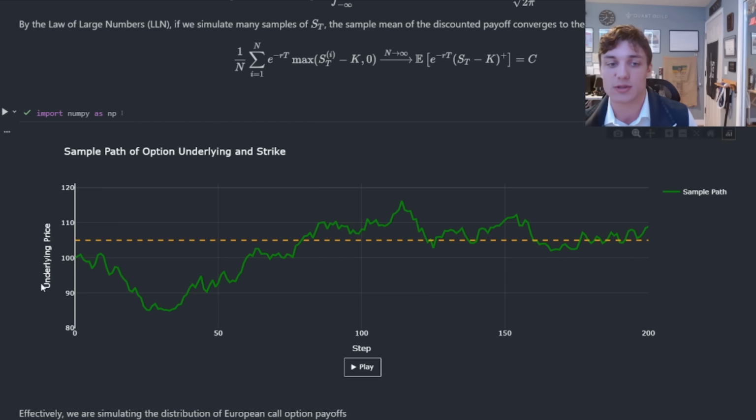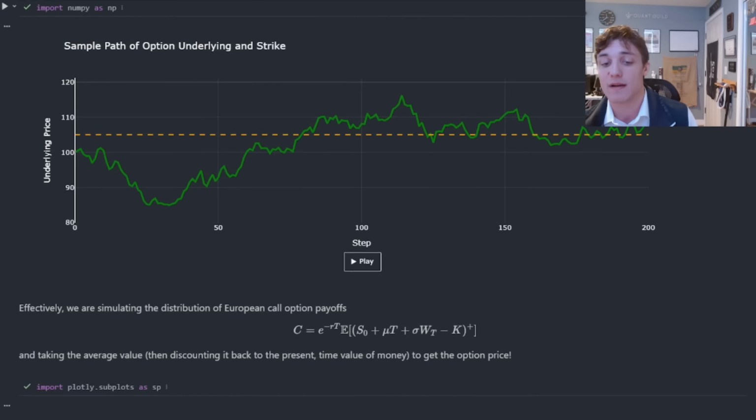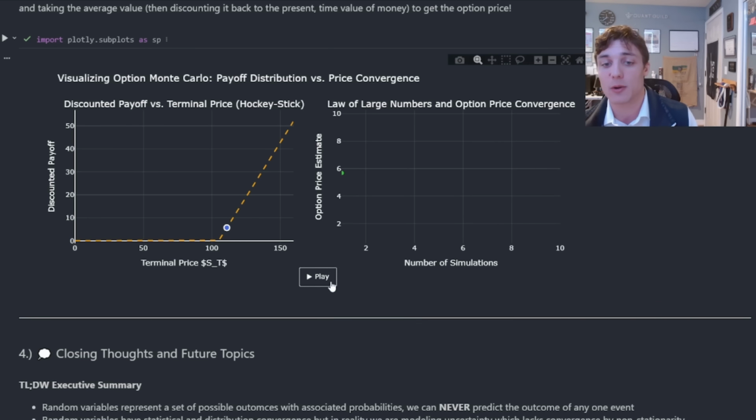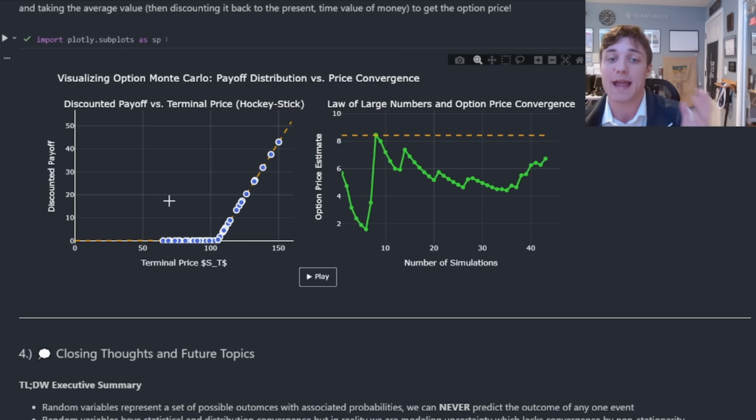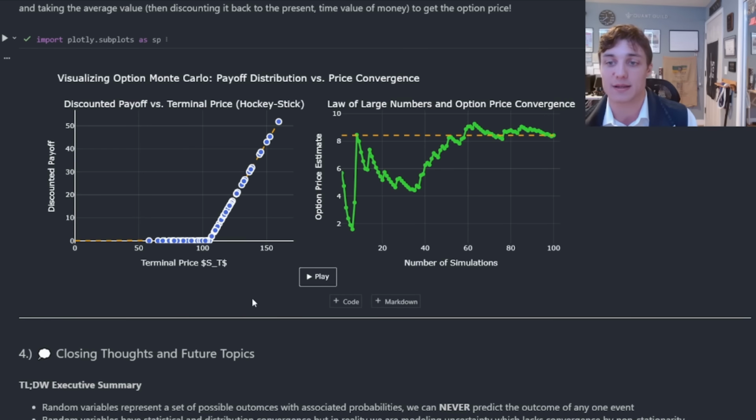So let's just use the terminal distribution outright. That is going to make this far faster. And what you're going to observe is, if I continue to sample from that theoretical terminal distribution and I plot the payouts and discount them back to the present, I will converge then to the theoretical option price.